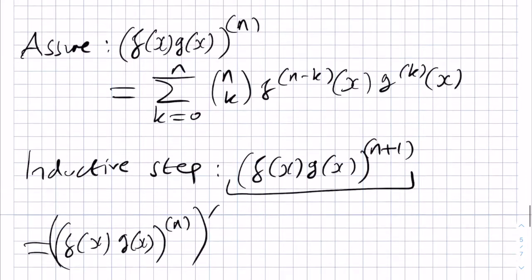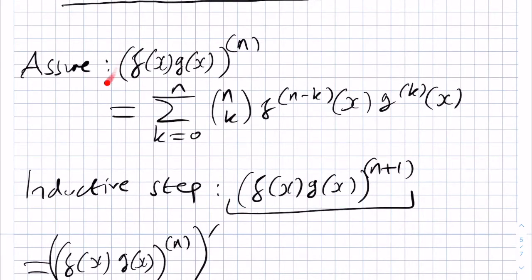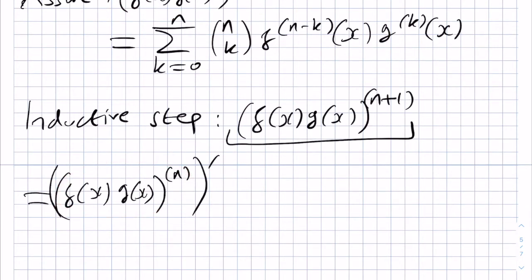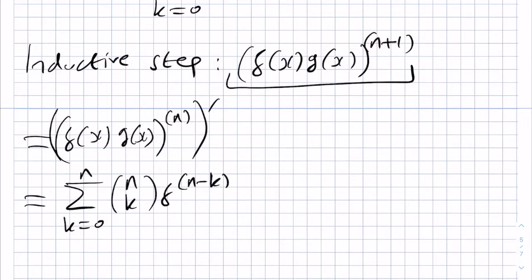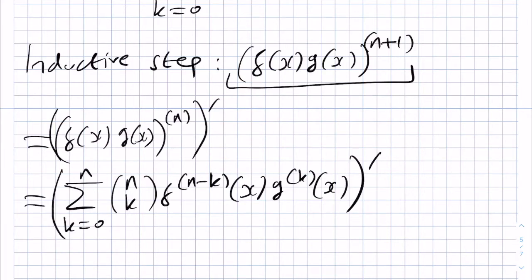Then we can stick in our inductive assumption here for f times g differentiated n times into here with the summation, and this will give us the sum from k equals 0 up to n with n choose k, f n minus k x, g k x, and then this whole thing differentiated once more.